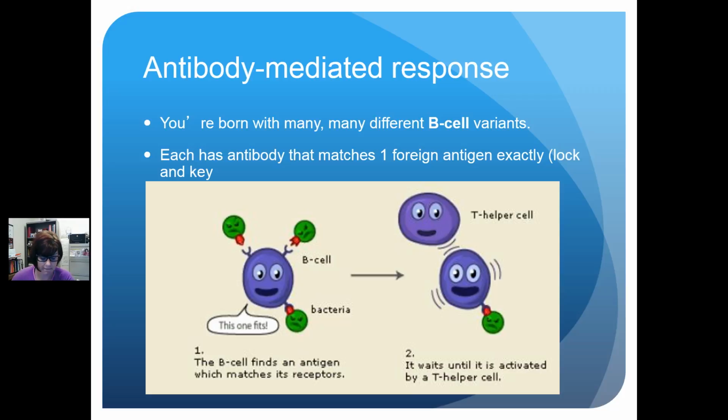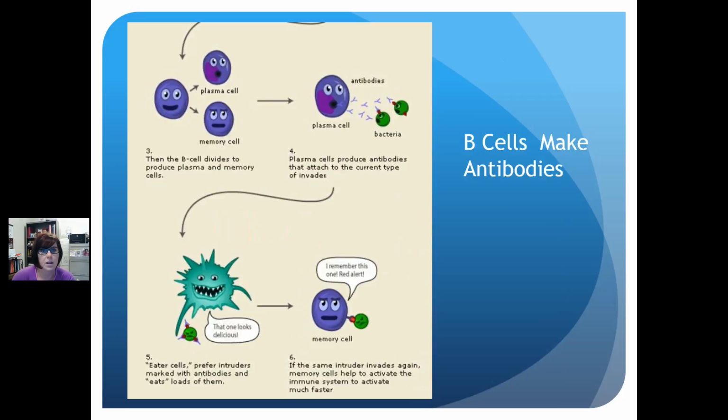It's a lock and key fit. Again, the B cells' job is to make antibodies. So the B cell divides, once it's been activated by the correct helper T cell, to produce plasma and memory cells. Plasma cells are the ones that produce the antibodies, and they secrete those antibodies into the bloodstream.